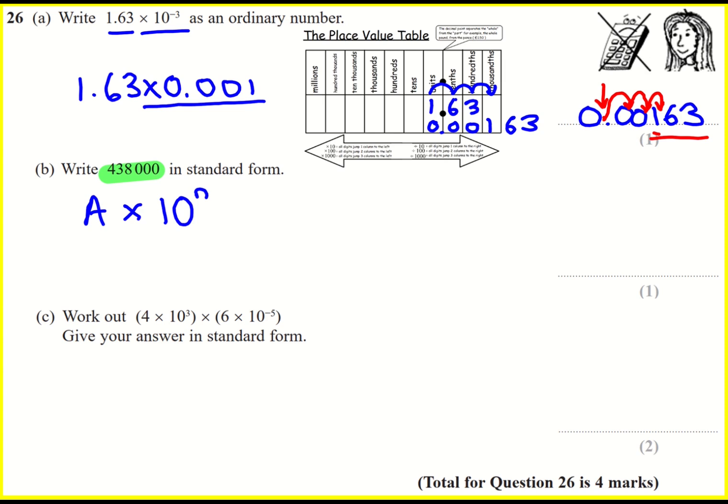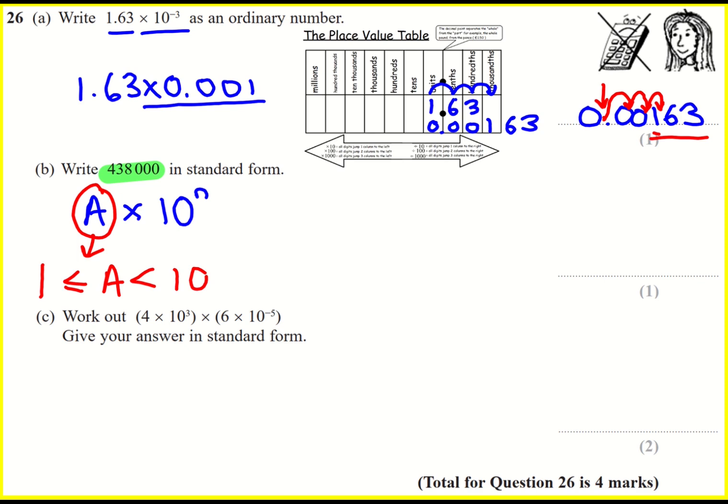Now, your A here must take the values greater than or equal to 1, but less than 10. You can have 9.9999, you can't have 10.